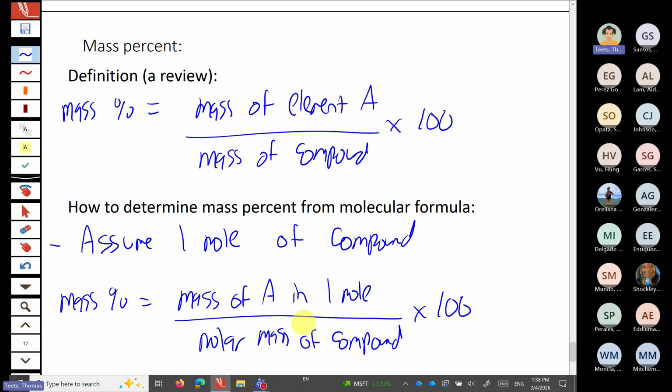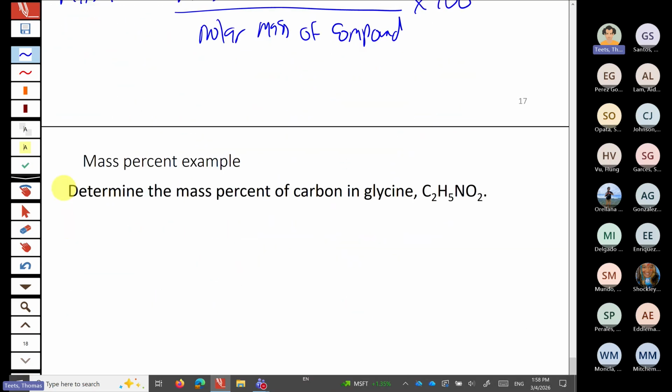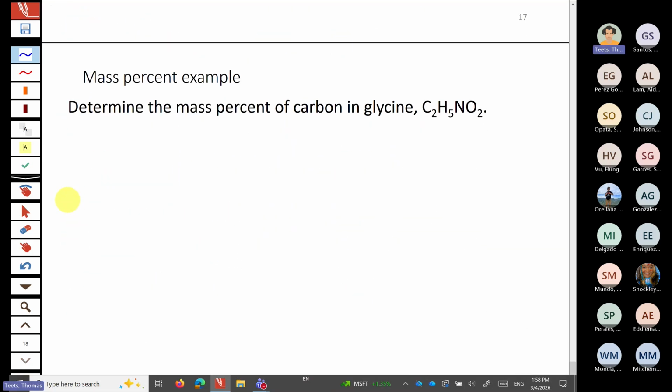So going from formula to mass percent is pretty straightforward. If we have the example of glycine that we did earlier, and we want to say, what is the mass percent of carbon in glycine? Each of these elements in glycine, all 4 of them, is going to have a certain percentage of the total mass that would make up that compound, and we can now calculate it for any or all of them using just the molecular formula and the molar mass.